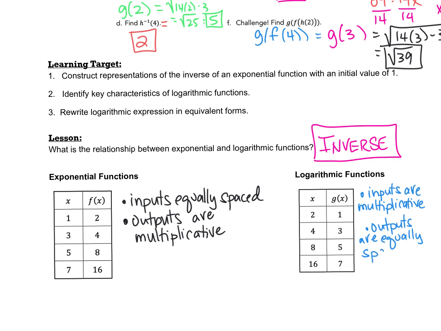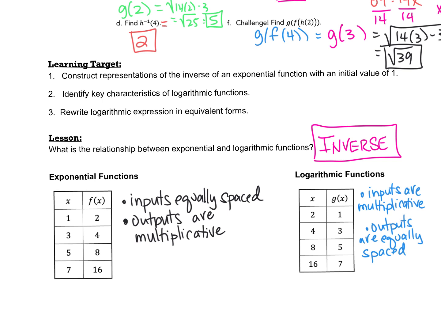That's how we can tell the difference between a logarithmic and an exponential table. For exponential functions, we add for the inputs, multiply for the outputs, or add for x, multiply for y. For logarithmics, we multiply for x, add for y. So it just switches. That inverse concept, they switch.